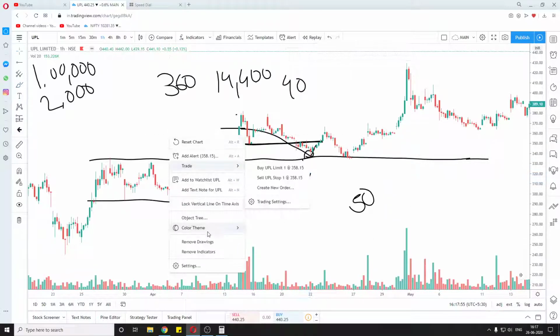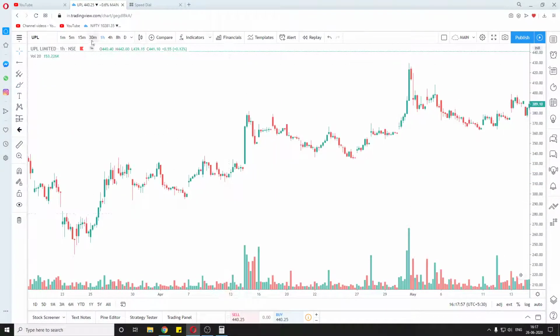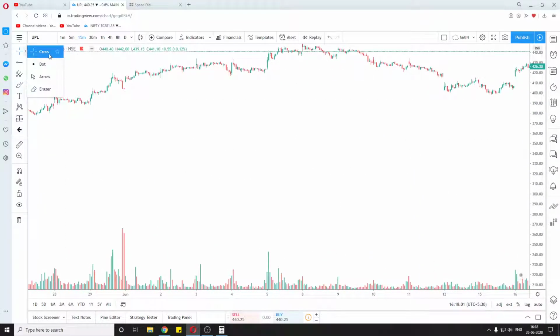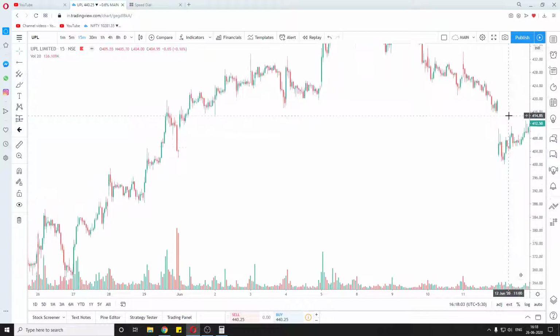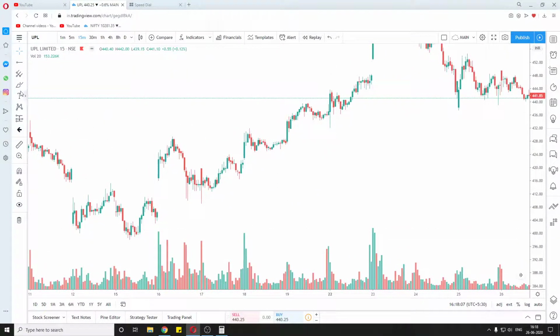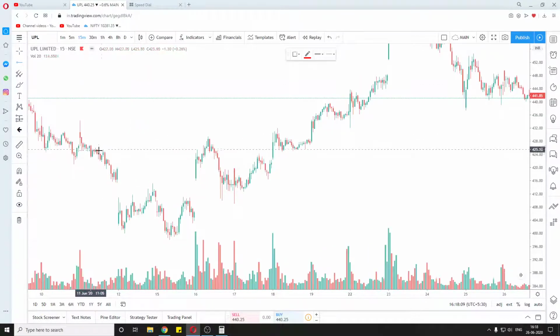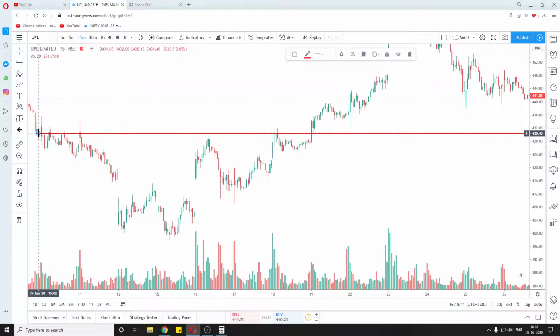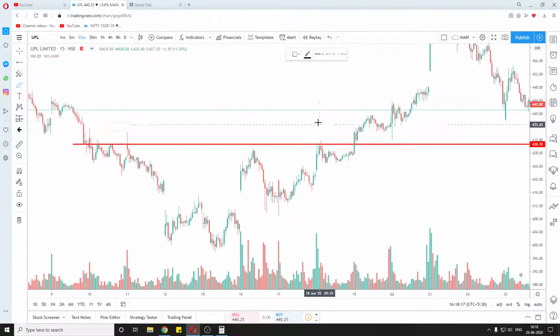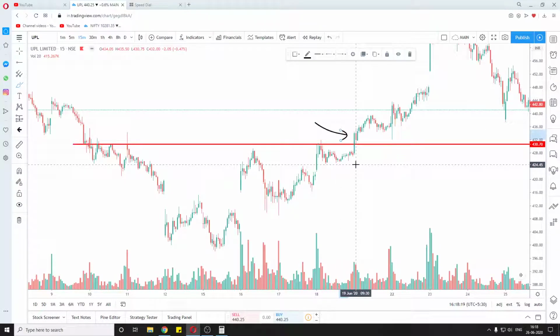Now what people do is, let's just take an example of an intraday trade. So let's say we have a range here, as you can see, and then we get a breakout. Now what people will do is, I'll just give a genuine example.